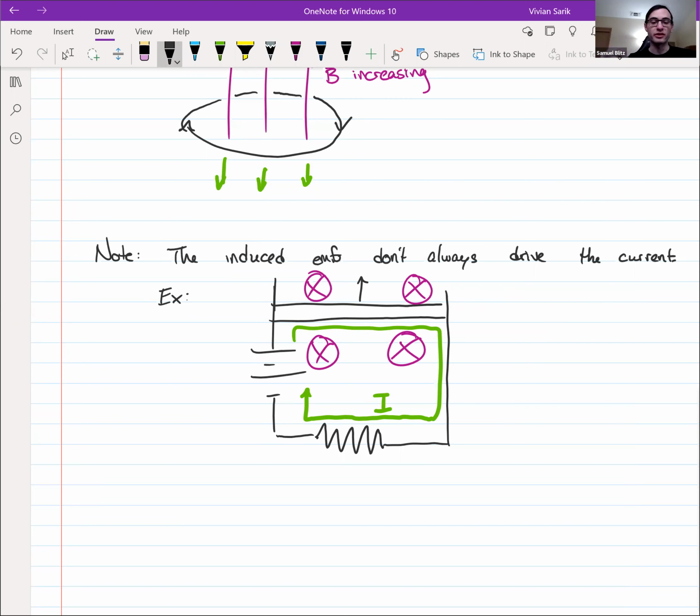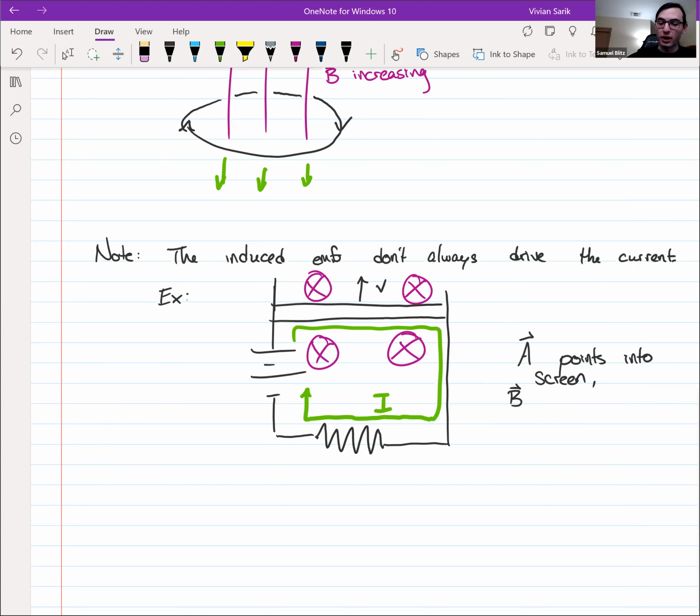And in fact, because the bar isn't stationary, the flux through this loop, through the loop formed by the bar and the rest of the circuit, is increasing. And furthermore, you can check that it's positive. And the reason it's positive is because if we define the direction of current to be counterclockwise, which is what it is in this circuit, so it kind of makes sense, then from the right-hand rule, we know that the area vector points into the screen, and the magnetic field also points into the screen.